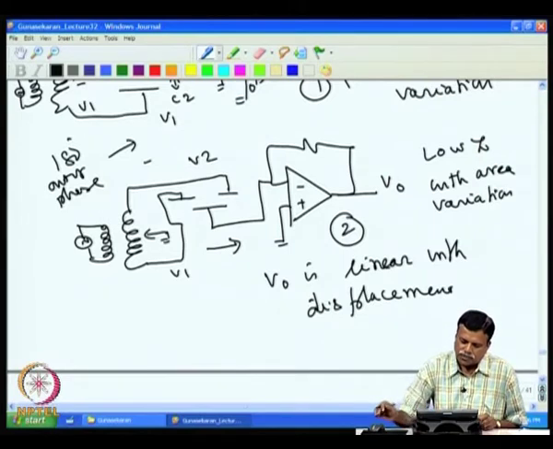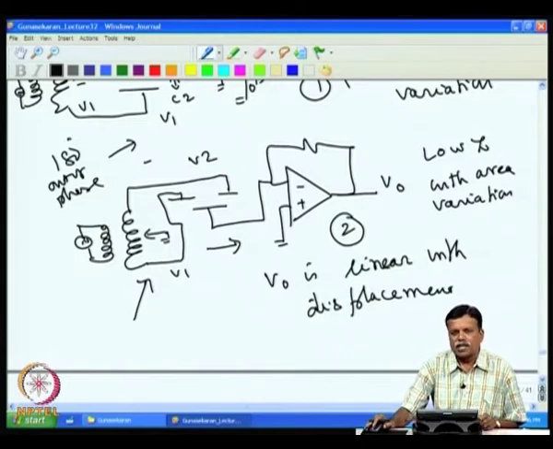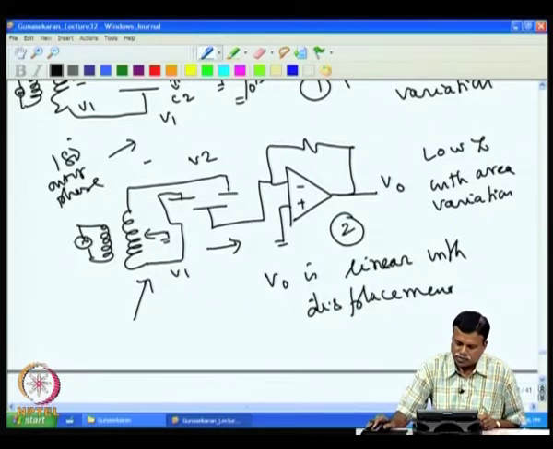So, this has the advantage that the output voltage is linear with the displacement. Of course, it again depends upon frequency variation, because if the frequency of the source varies, then the output voltage also changes, and even if the voltage varies, the output voltage also changes. Nevertheless, it is linear, but it is not comparable with the ratio transformer bridge.